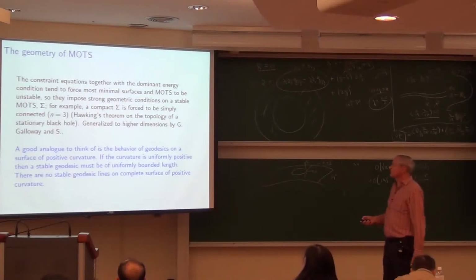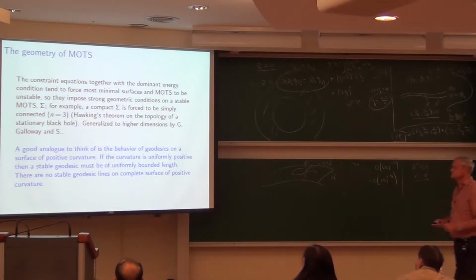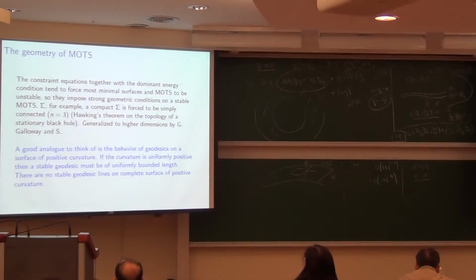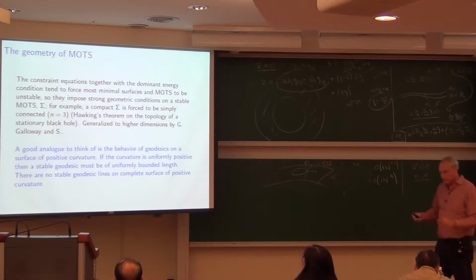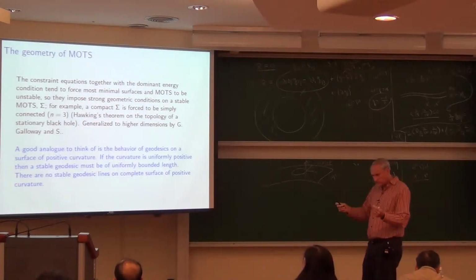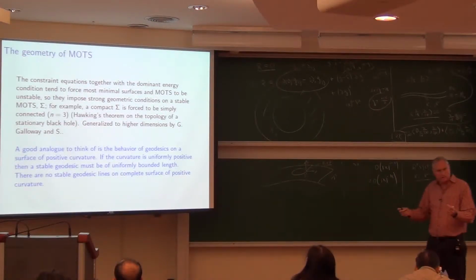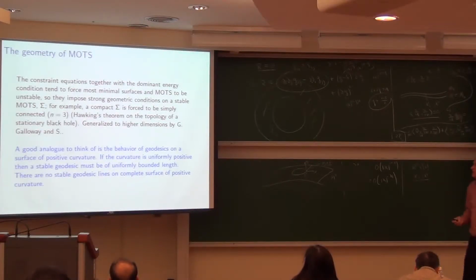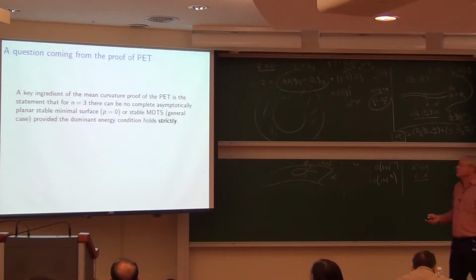And so a good analog to think of is the behavior of geodesics on a surface of positive curvature. So the positivity of the curvature causes geodesics to be unstable in general. So if you were on a sphere, any geodesic which is longer than halfway around is going to be unstable. So you have very strong restrictions on stable geodesics, and it's the same kind of idea for the MOTS case.